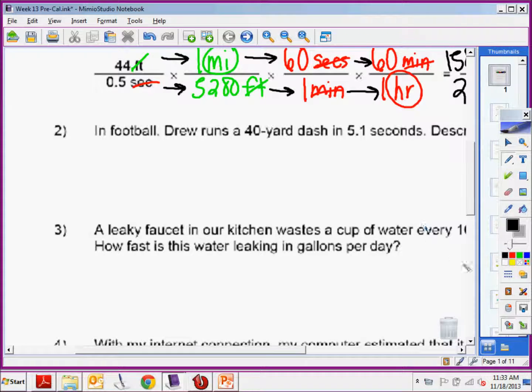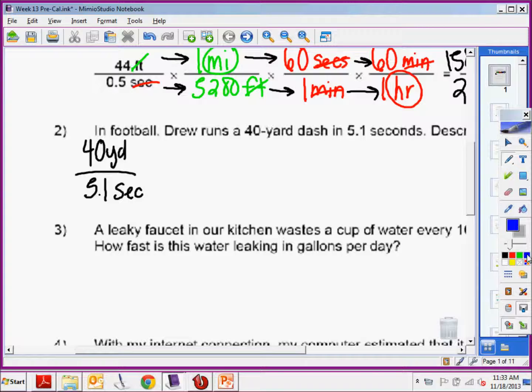So my starting point is what? 40 yards in 4.1 seconds. Okay, so I could have done 1 yard to 3 feet, or 3 feet to 1 yard.